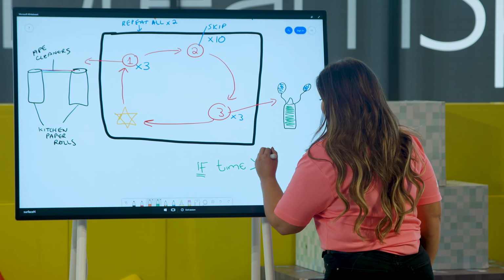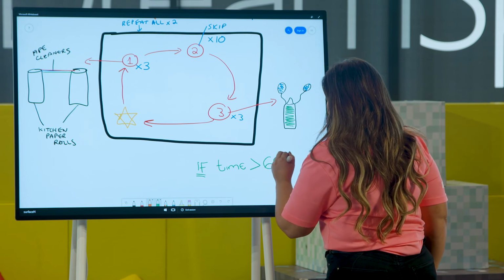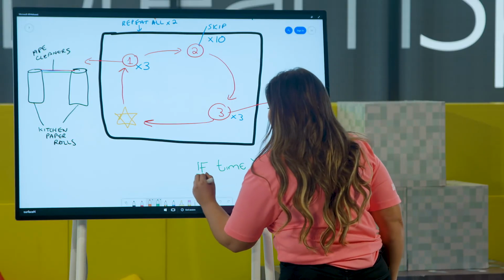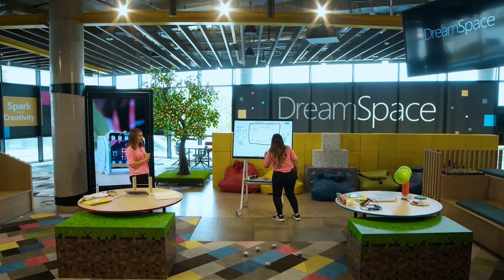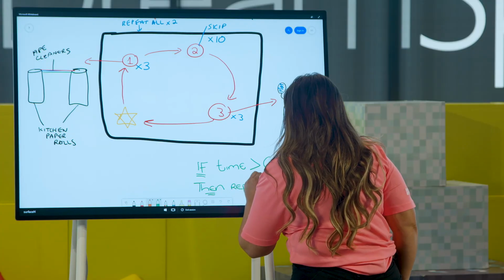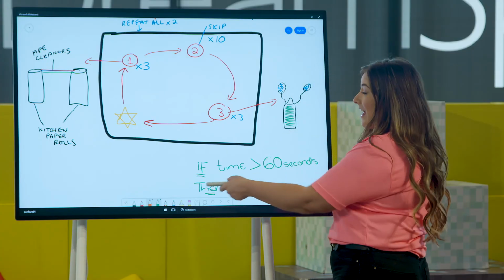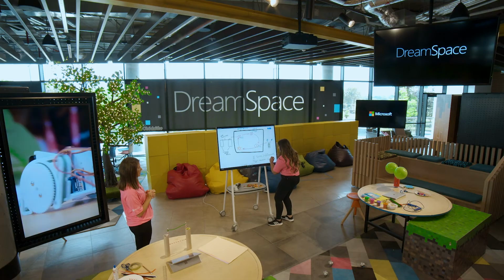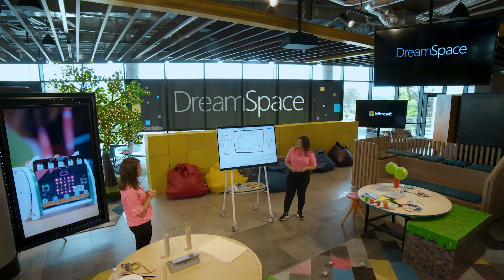So if the time is greater than 60 seconds, then you have to actually do the course again. And if that's the case, you'll be making sure you get it done in less than 60 seconds. You don't want to go over the 60-second mark. So if the time is greater than 60 seconds, then repeat course. Repeat the course, yeah. Okay, I'm pretty happy with that. What do you think?